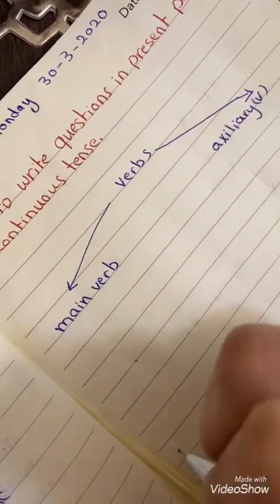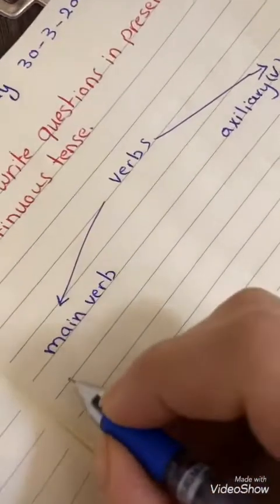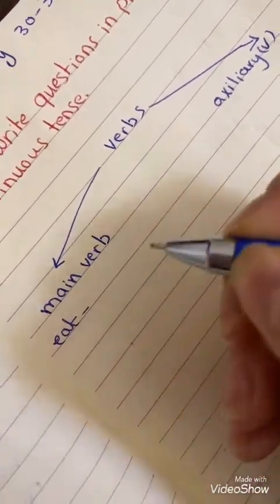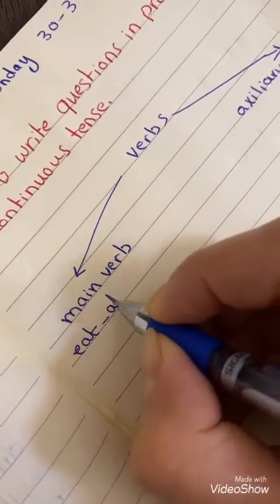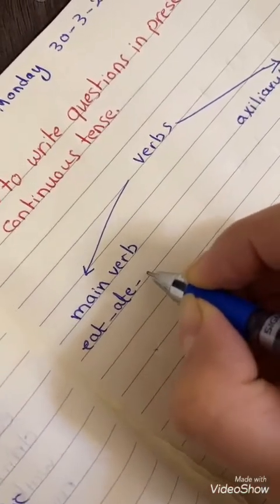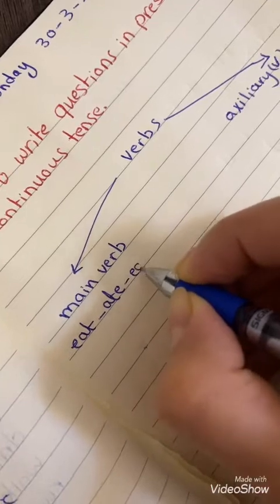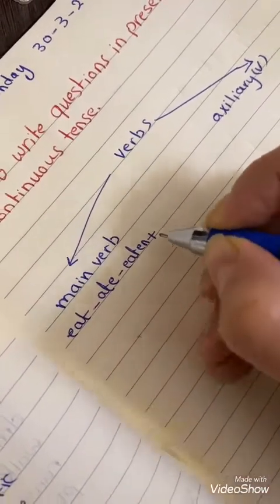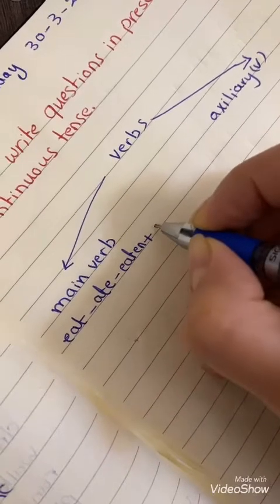The main verbs are like eat. The past of eat is ate. The past participle is eaten. And when we add ing, it is eating.